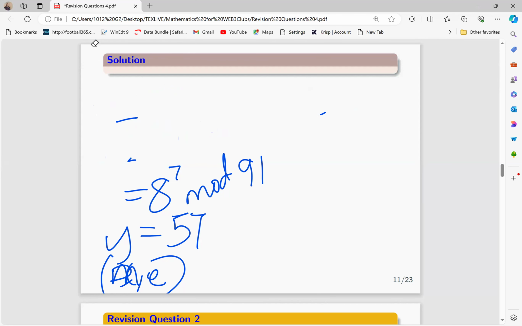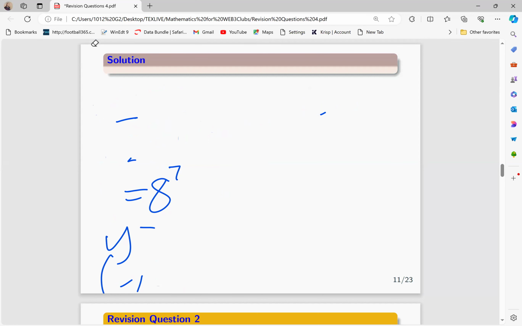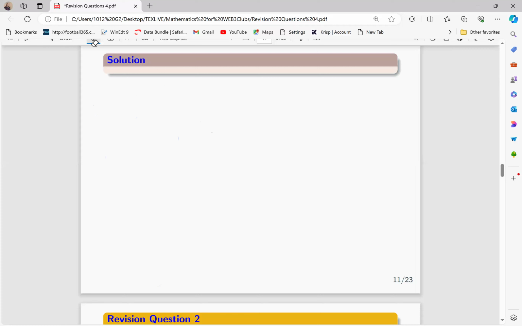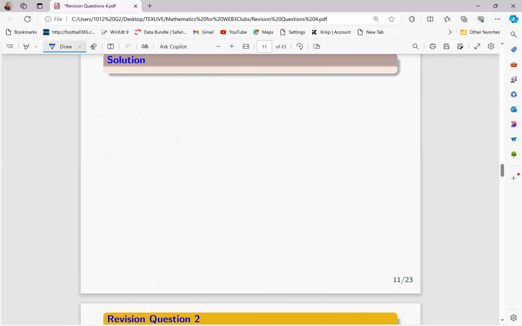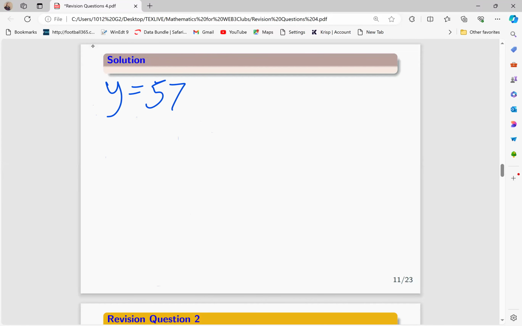So we already have Y as 57. When you have the ciphertext Y and you want to get the plain text, you use the formula.